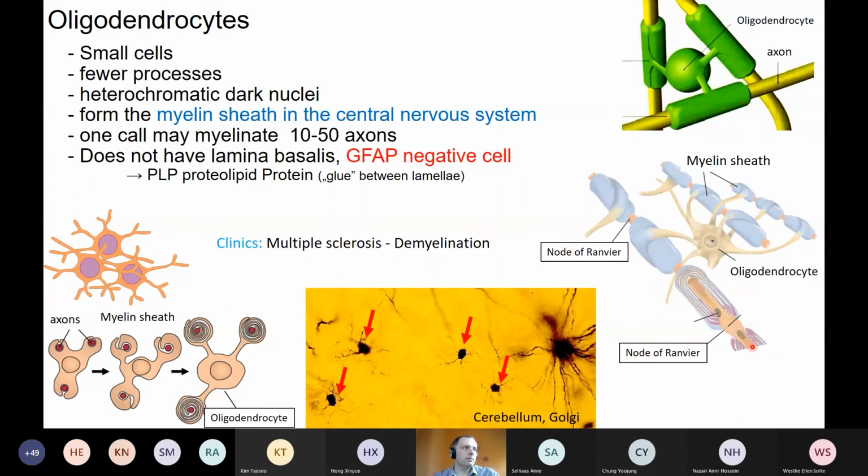So therefore, if the oligodendrocytes are damaged, or if the brain tissue is damaged, the axon cannot grow back to the original destination, and therefore the function is lost.